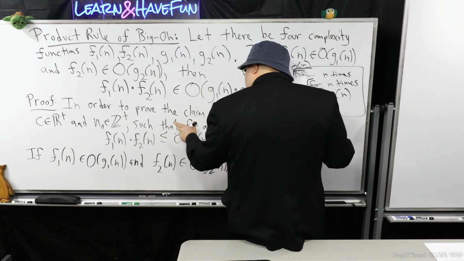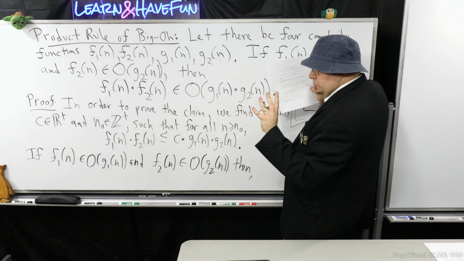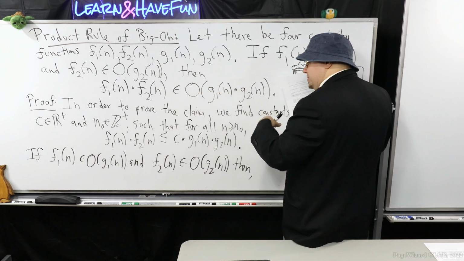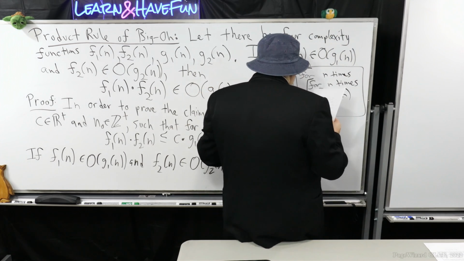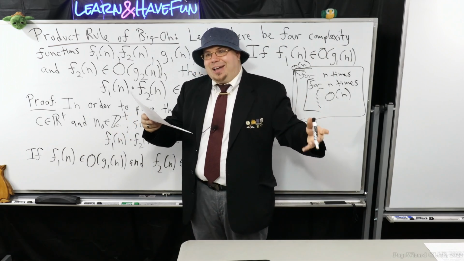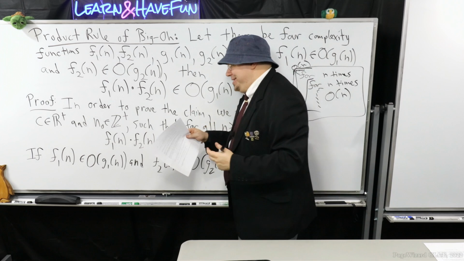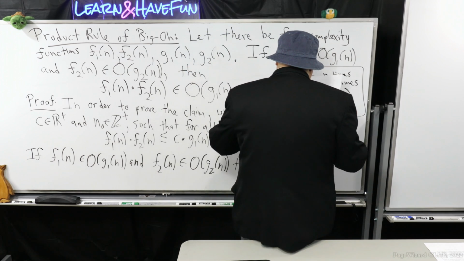Each one of those means I have a pair of constants, a C and an N0, but we have to give them different names so we don't confuse them with those ones. Just like in programming, you give different variable names to things so as to reduce ambiguity when people are trying to understand what you're trying to say.